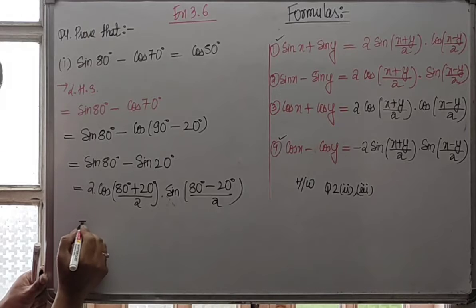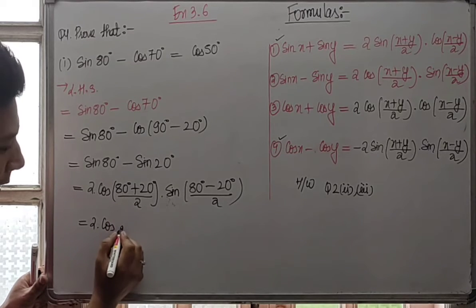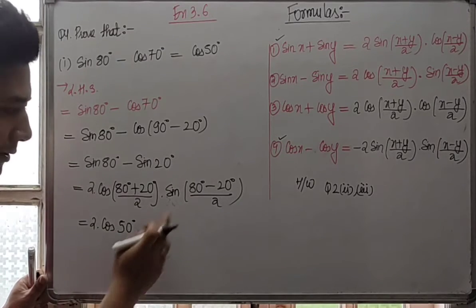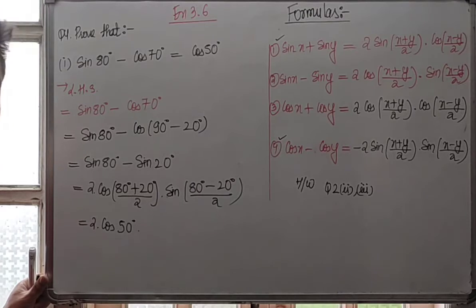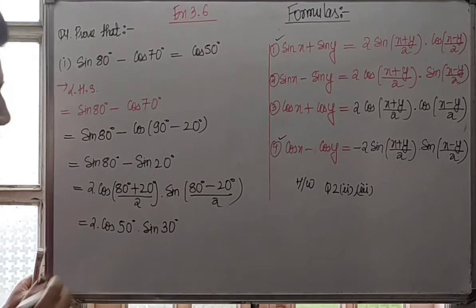So this is 2 cos of 100 by 2, which is 50, into sine of 60 by 2, which is 30. So this is sine 30 degree, and we know what sine 30 is.